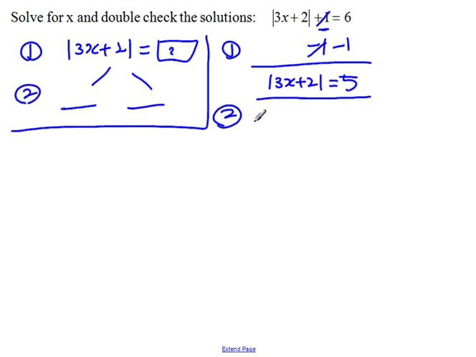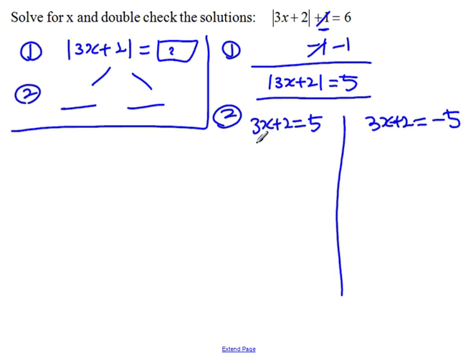That is when 3x plus 2 equals 5, or when 3x plus 2 equals negative 5, right? So now these equations are linear equations, so we know how to solve them.